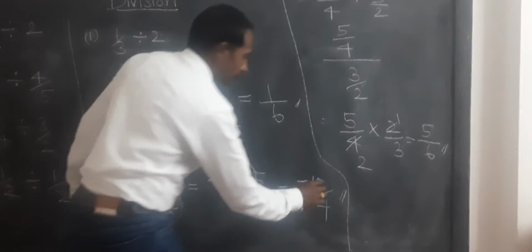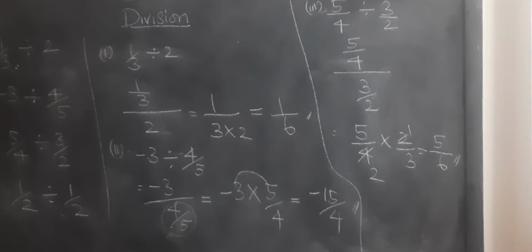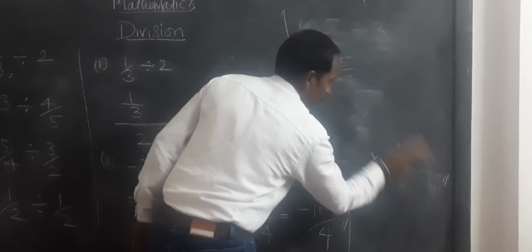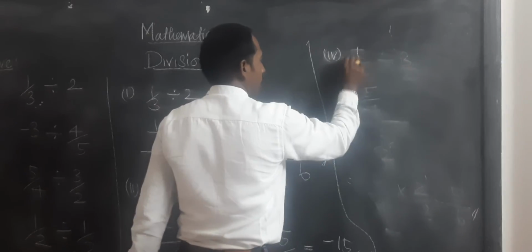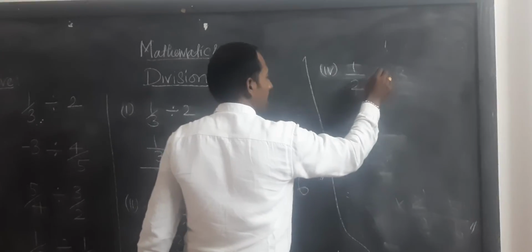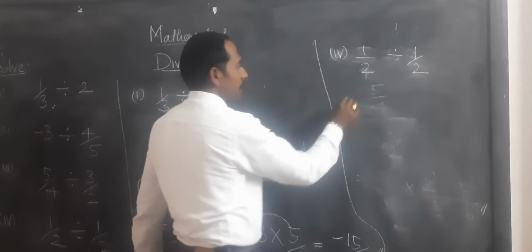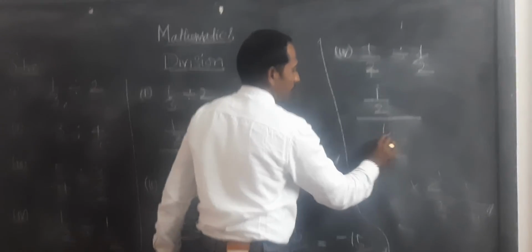Fourth problem, one over 2 divided by 1 over 2. The meaning is 1 over 2 divided by 1 over 2.